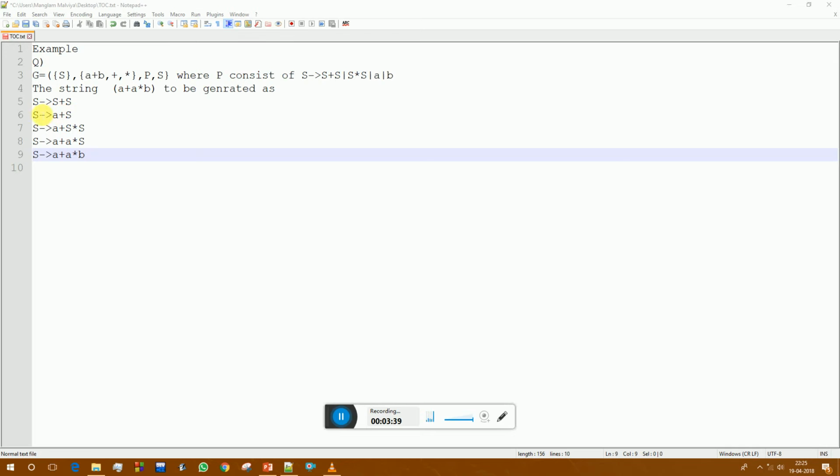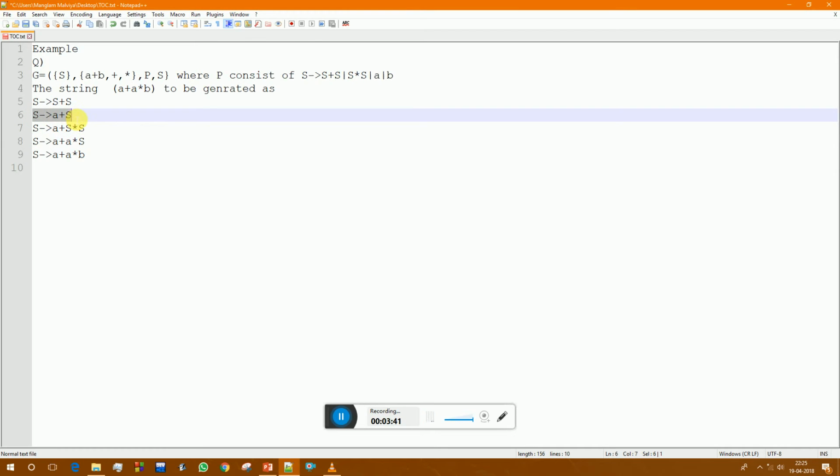Now you can see our question has been solved this far. Now I am going to expand this, not this, this symbol. Now for this I am going to check for what? The production rule. As you can see, capital S gives capital S plus capital S, capital S multiplied by capital S, a, and b.